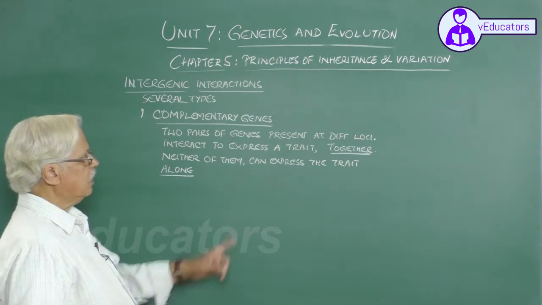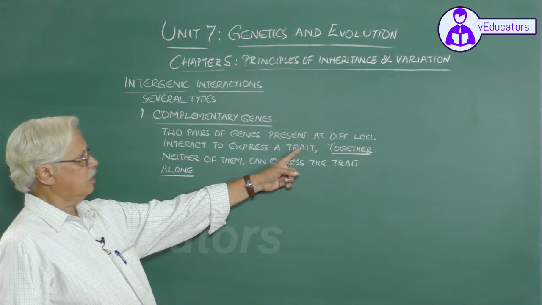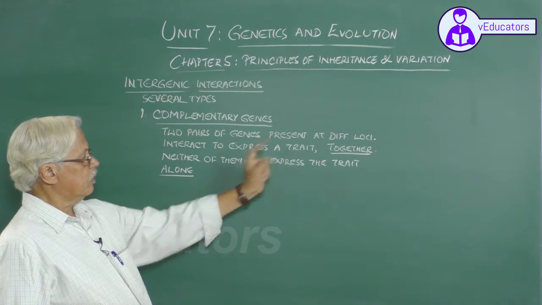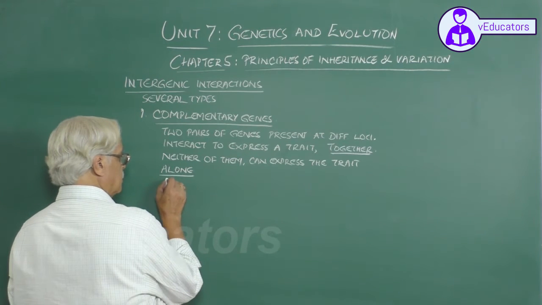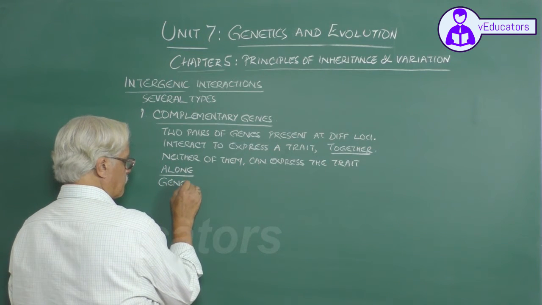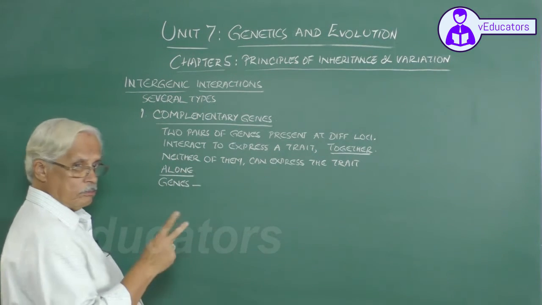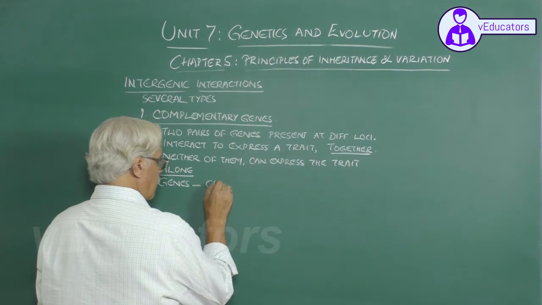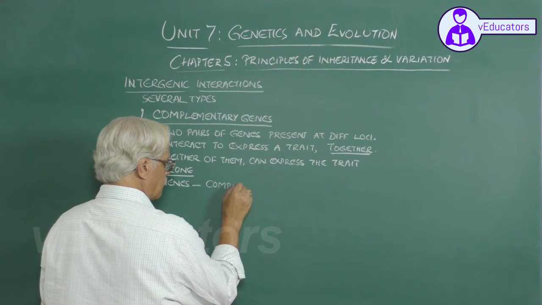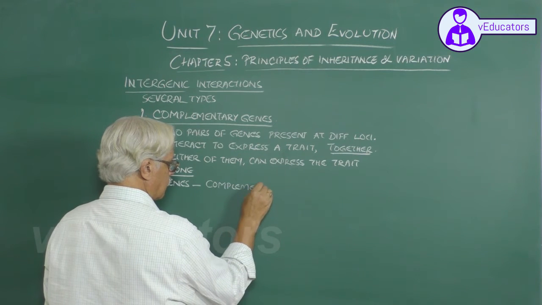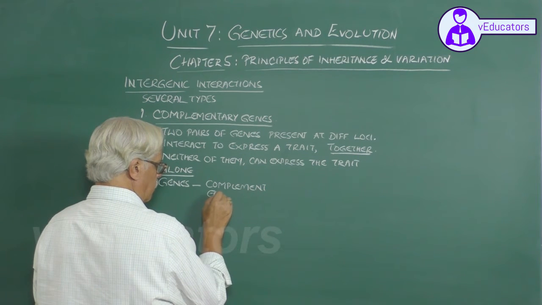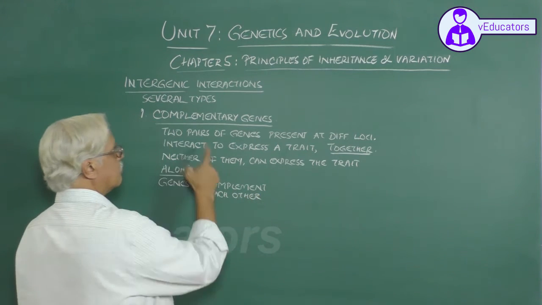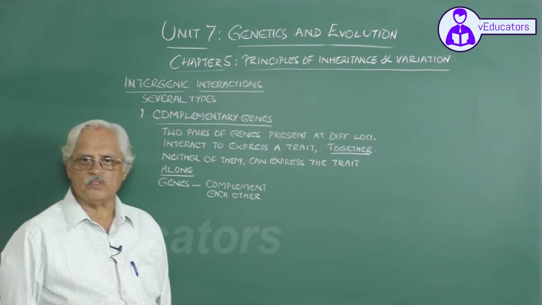Only when they interact, they express a particular trait. Independently, they cannot express the same trait. Therefore, the genes present on different loci are said to complement each other, and therefore they are called complementary genes.